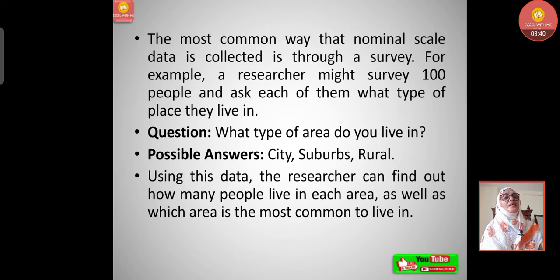Using this data, the researcher can find out how many people live in each area as well as which area is the most common to live in. So after doing the survey, when the population survey happens, then we can see this kind of data will come up, how many people are living in towns, cities, rural areas.